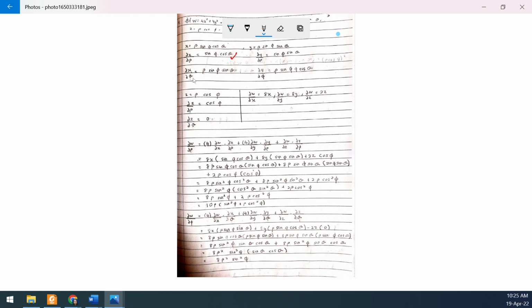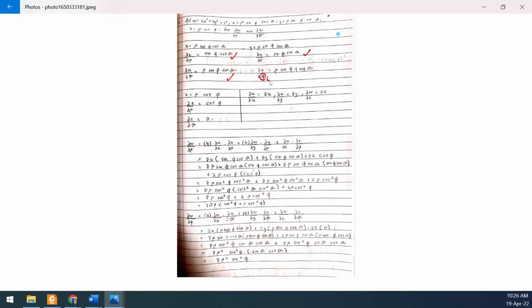Okay, when you differentiate with respect to theta, rho and sin phi are constant. That's why rho sin phi, differentiate cos theta is negative sin theta, correct? And then ∂y/∂rho: when you differentiate with respect to rho, sin phi sin theta is constant. So this one is correct. ∂y/∂theta, make sure your notation is correct. This is phi.